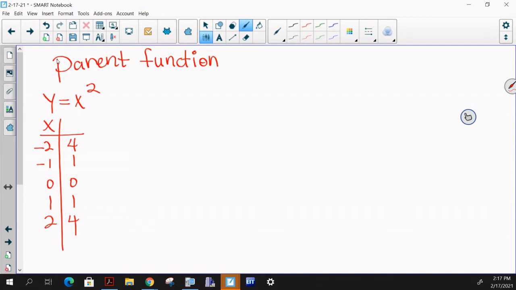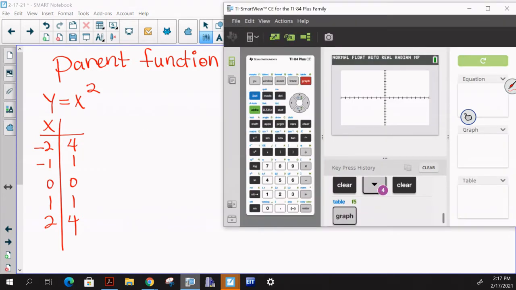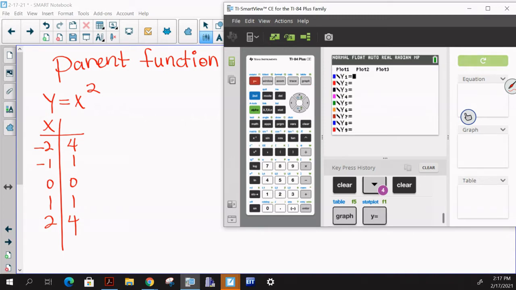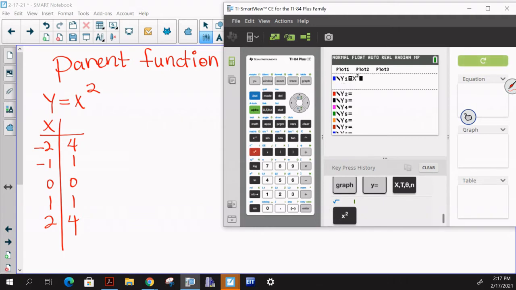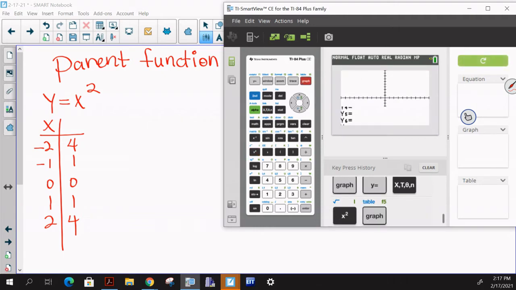That never changes because that's the parent function. If I looked at that on a graph, then in my graphing calculator, I would put y equals x squared, and I would graph it. So there's what the parent function looks like. It's going to graph in blue.